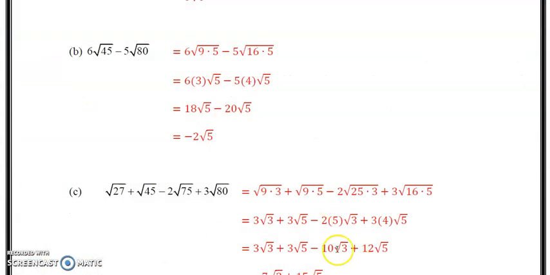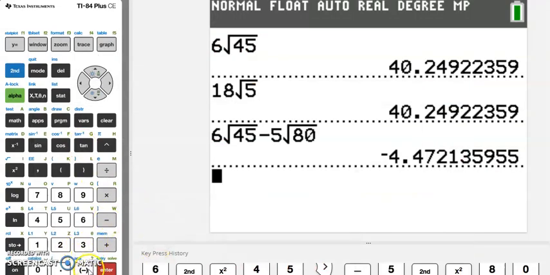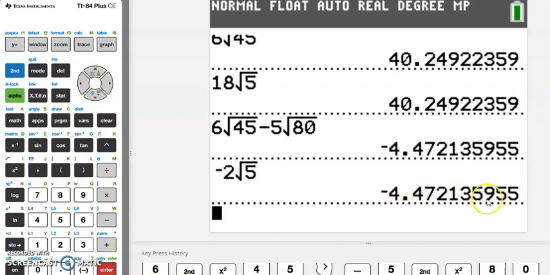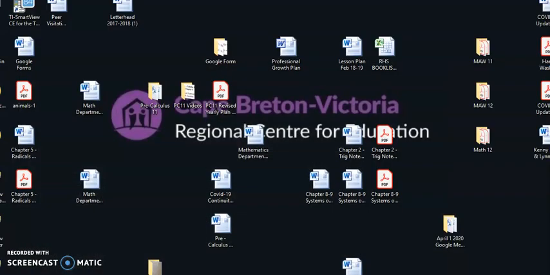So we go down and we take this to check it. Negative 2 root 5. It should give us back the same. So negative 2 square root of 5, and we should get the exact same item. Correct there. My apologies. And we do. Alright, just a quick check, make sure you're right, and it doesn't hurt.